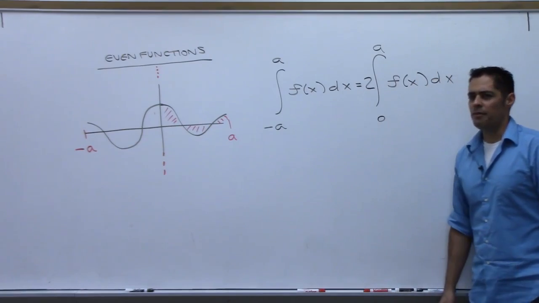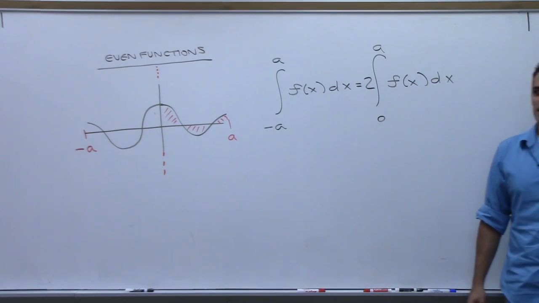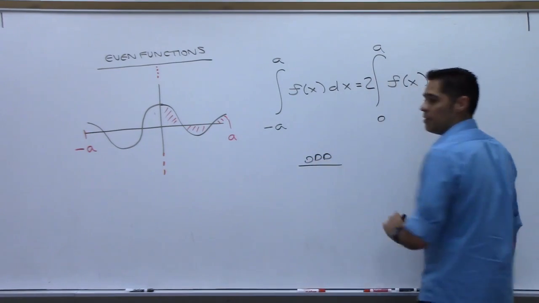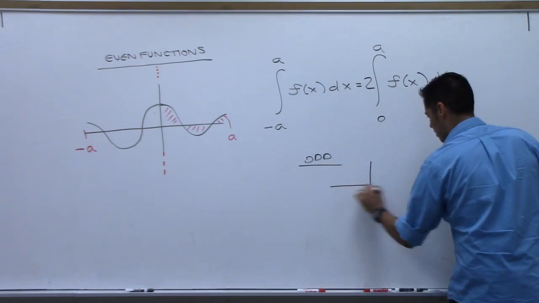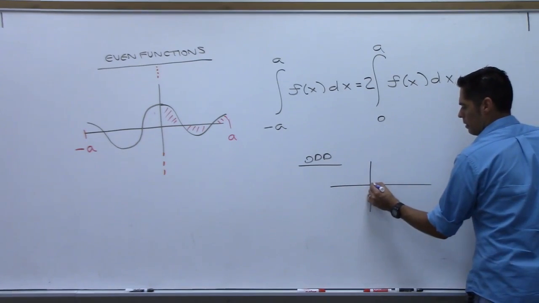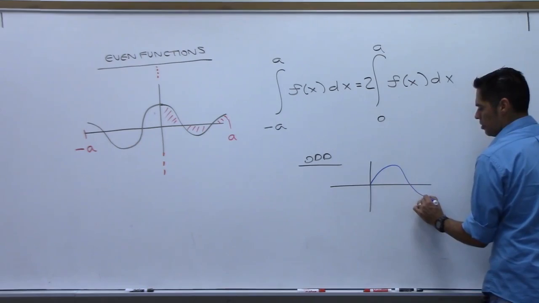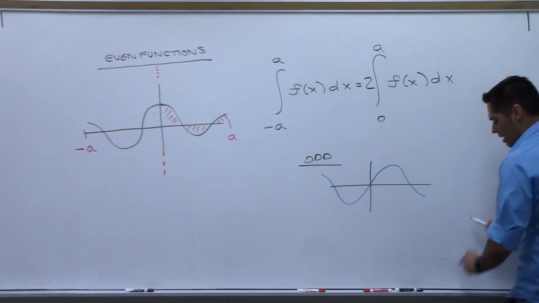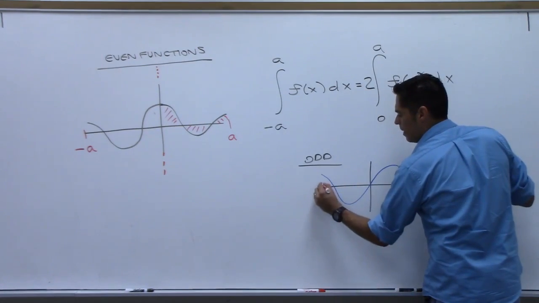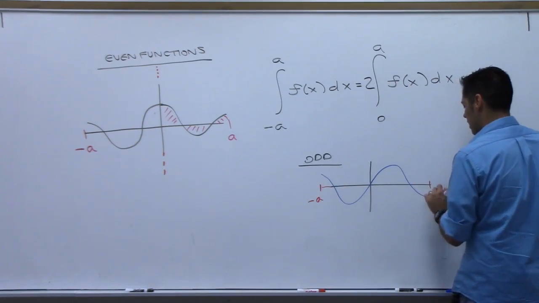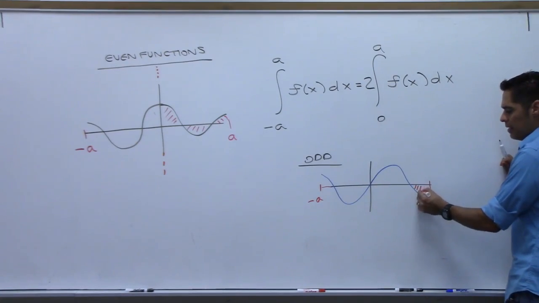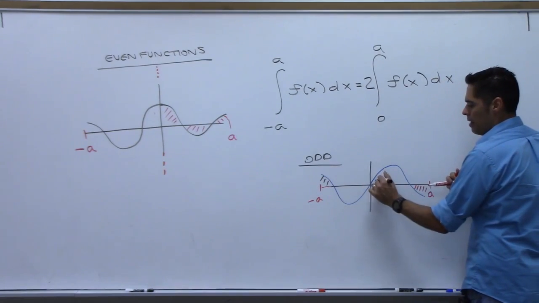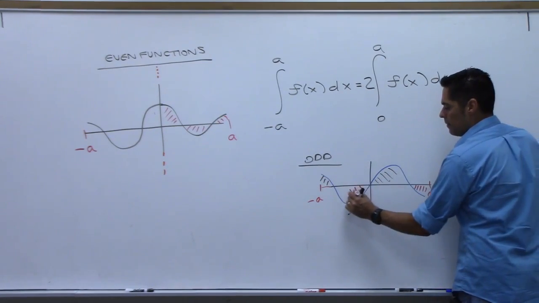How do you think this works for odd functions? What does an odd function look like? Sine is odd. You all agree sine is an odd function? Okay, so let me draw sine. If I went from negative a to positive a, this area over here is negative, but on the other side it's positive, and this area here is positive, and on the other side it's negative.